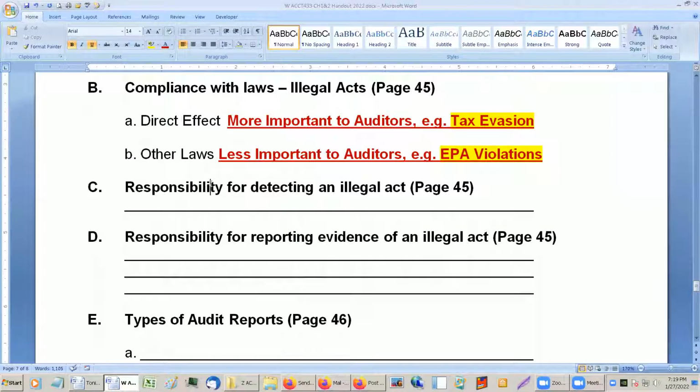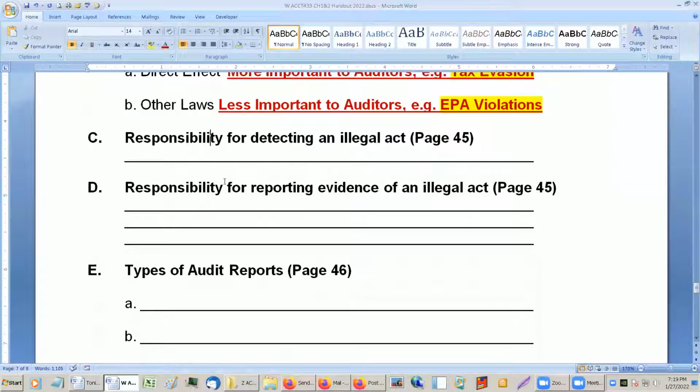Sometimes they tell them to knock it off and they say okay, and it really just depends. Okay, responsibility for detecting illegal acts is the same as anything else.